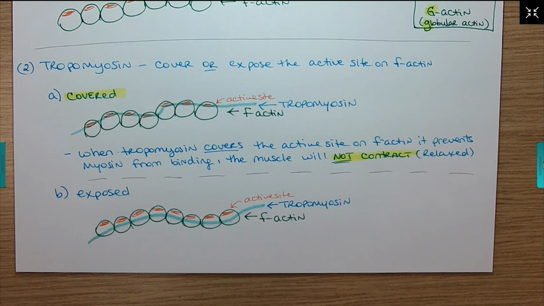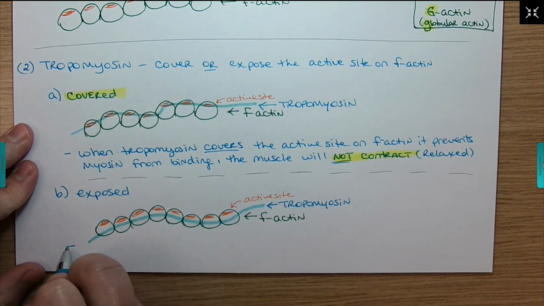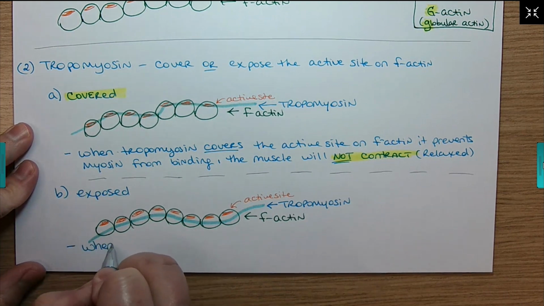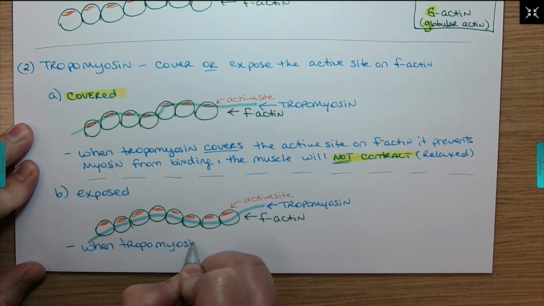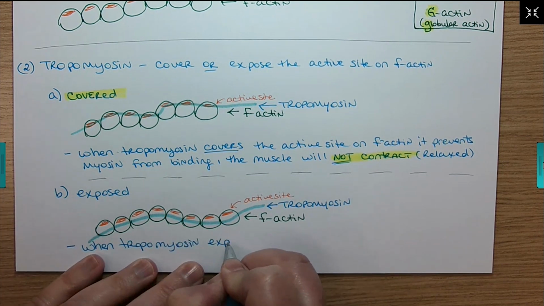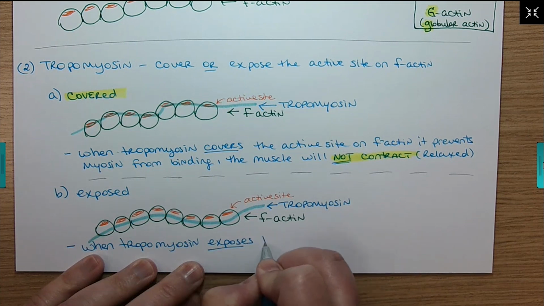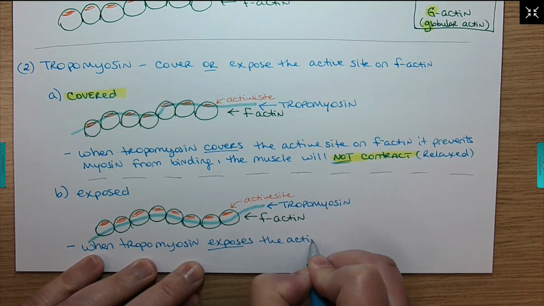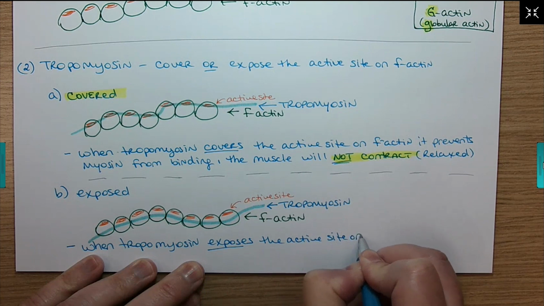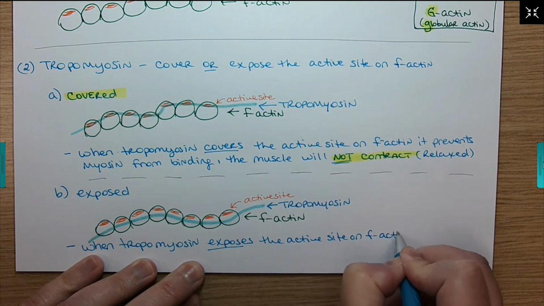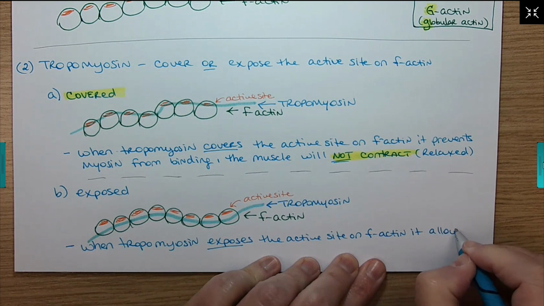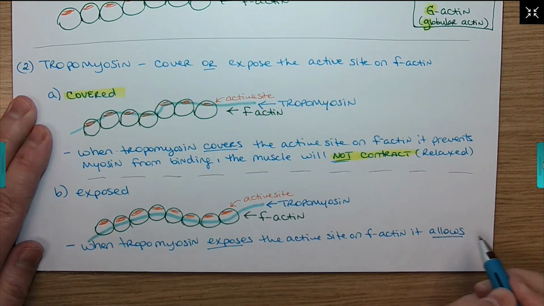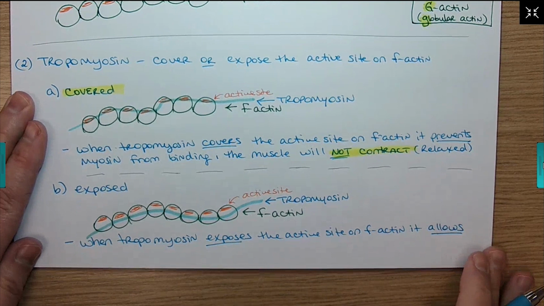So what does this mean? Okay. When tropomyosin exposes the active site on F-actin, it allows, say if it's covered, it prevents.